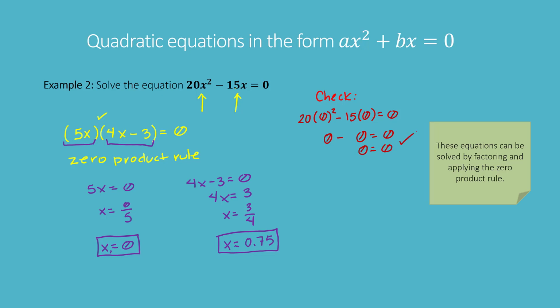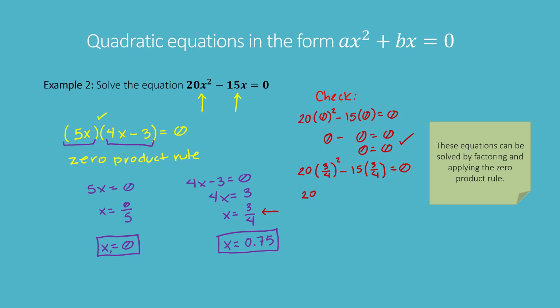Now let's check our second solution, 0.75. Since we have a decimal number, and we are going to be squaring, to keep our solution exact, let's use our number as a fraction, 3/4. 20 times the square of 3/4 minus 15 times 3/4 should be equal to 0.